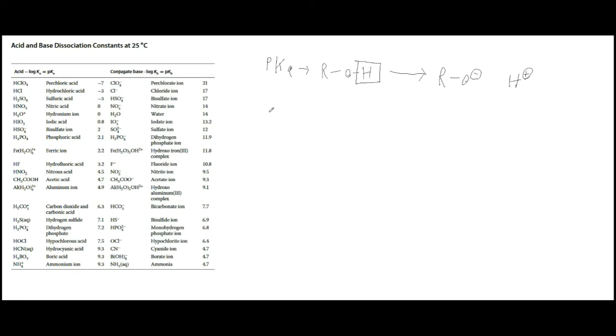So whenever you see something in chemistry with a P before it like that, for instance, pH, then that equals the negative log of the concentration of hydrogen ions, and pKa is equal to the negative log of the Ka, which I said was the dissociation constant of an acid, of a hydrogen from the molecule that it's bonded to.